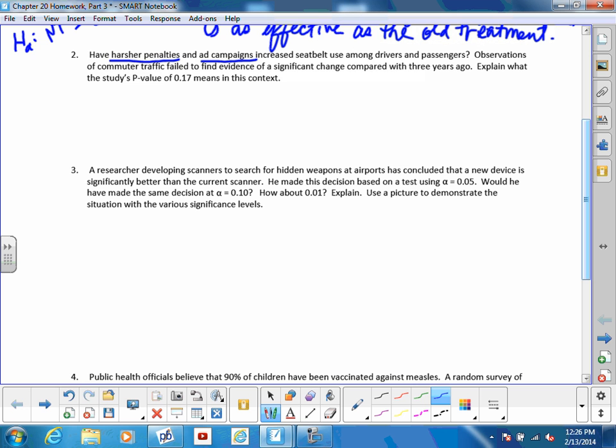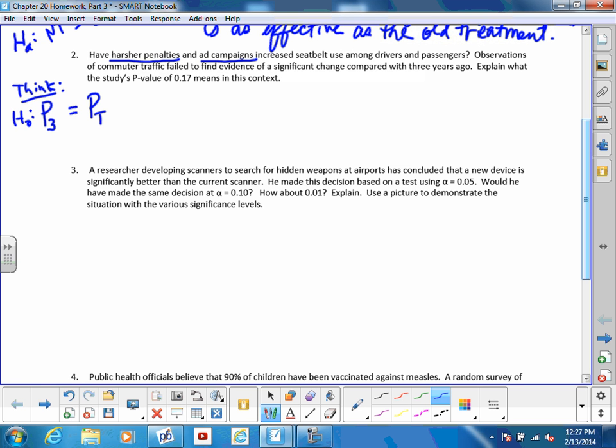So, first of all, if you are a statistician and you're comparing things, what are you going to be comparing? Then to now. So you're going to be comparing the proportion 3 years ago to the proportion today. The proportion of drivers and passengers that are wearing their seatbelt.